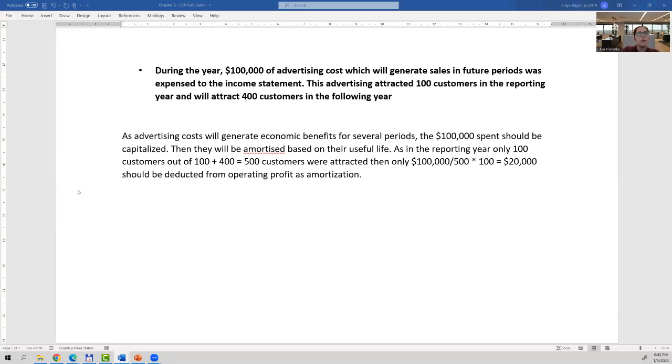It means that it will increase capital employed for that next year in the amount of the originally capitalized 100,000 minus the amortization that was already charged, which gives $80,000.